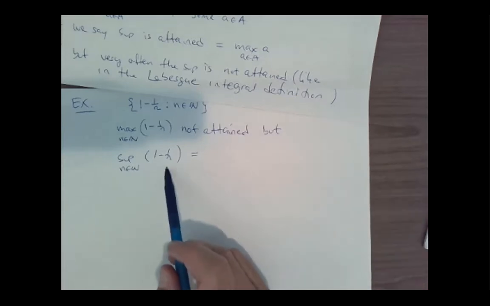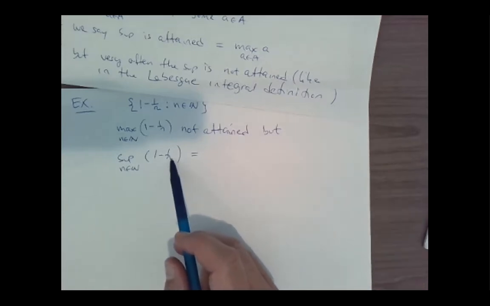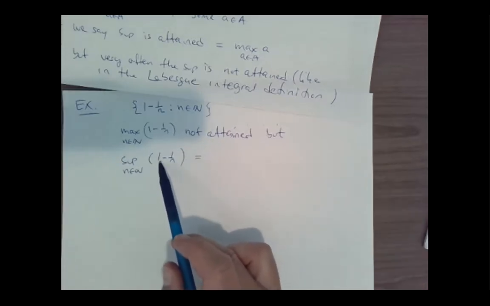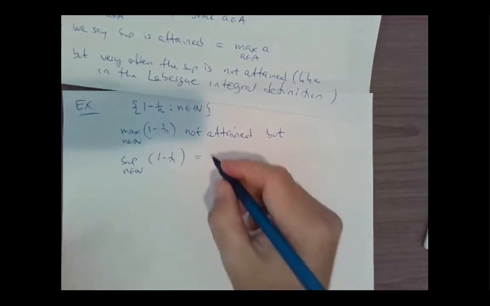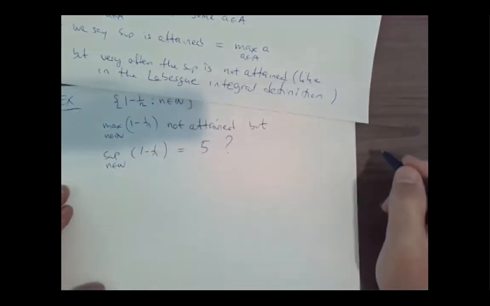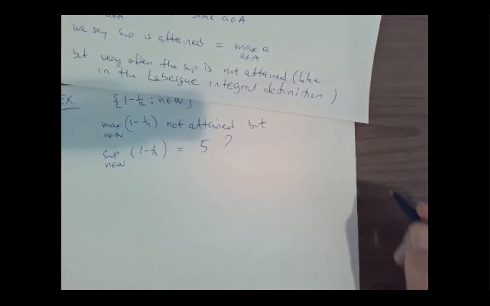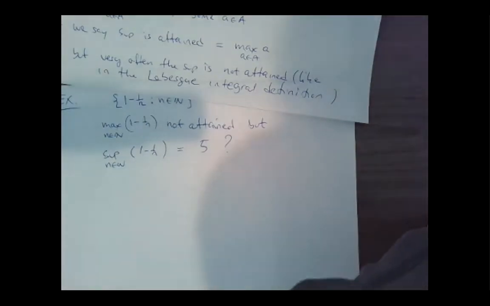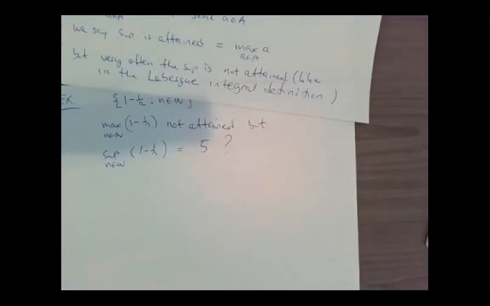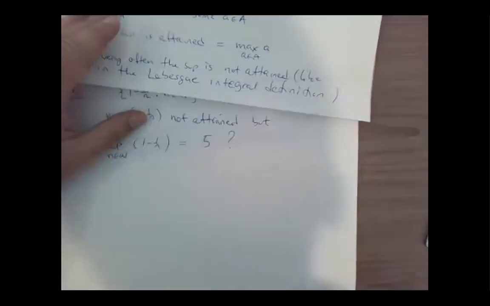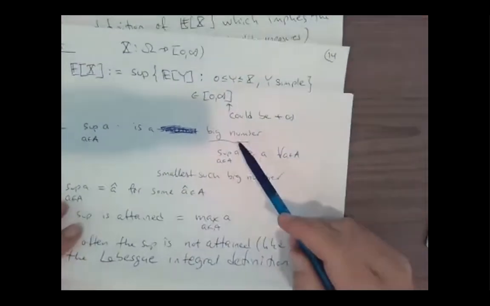Well, I could pick 5. 5 is bigger than 1 minus 1 over n for all n. So is this a good one? Well, let's go check the definition. Is 5 a big number?